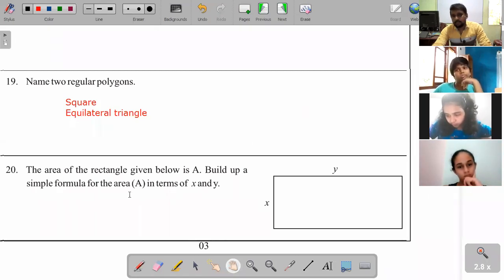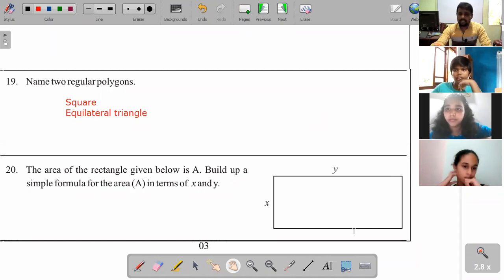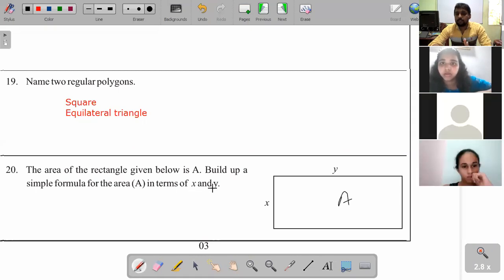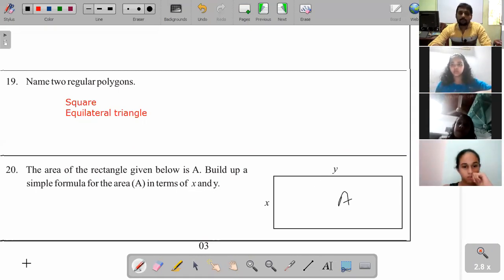Right? Number 20. The area of the rectangle given below is A. Right? This area is A. Build up a simple equation for the area capital A in terms of x and y. Right?